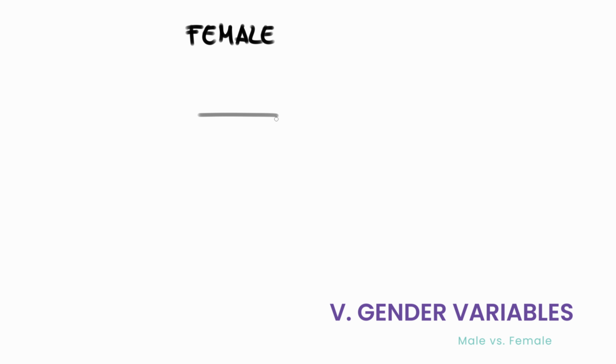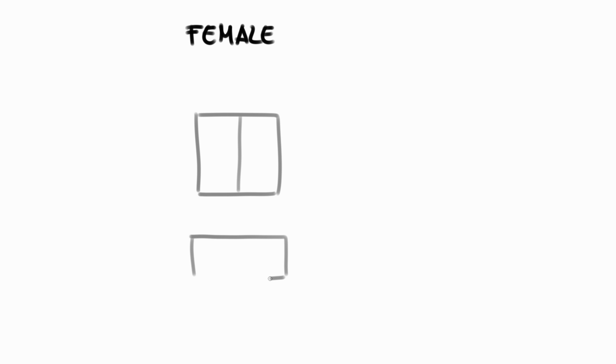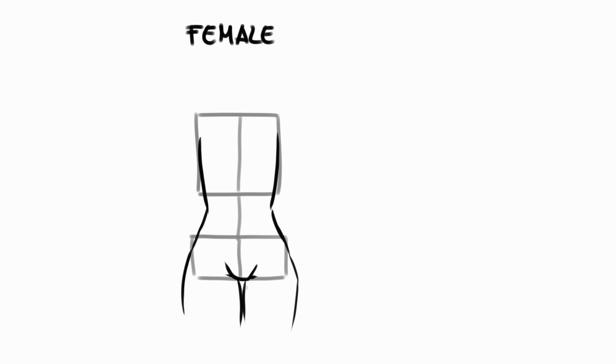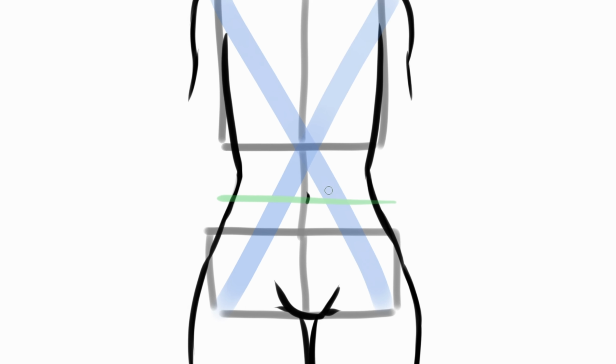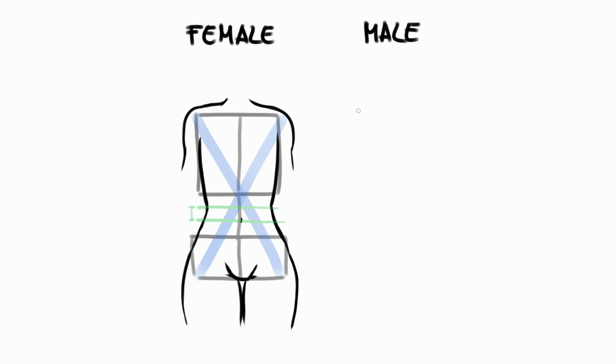Next, differences in male and female structures. For females, the ribcage is narrower, while the pelvis is wider. The result is an X-like silhouette. And notice, the navel sits slightly below the narrowest point of the waist.